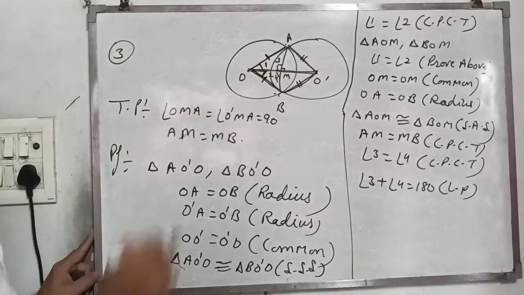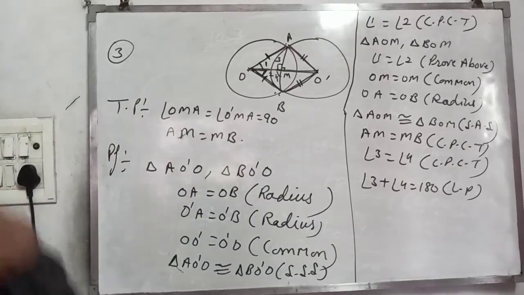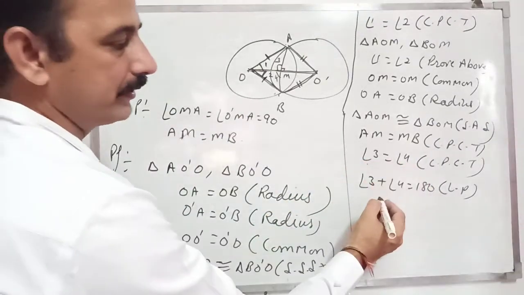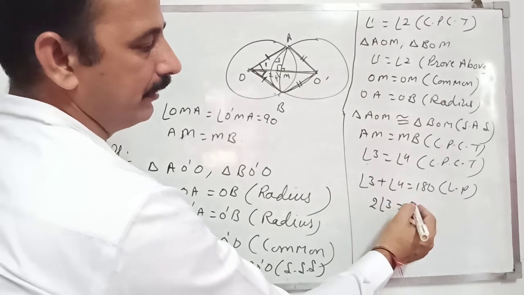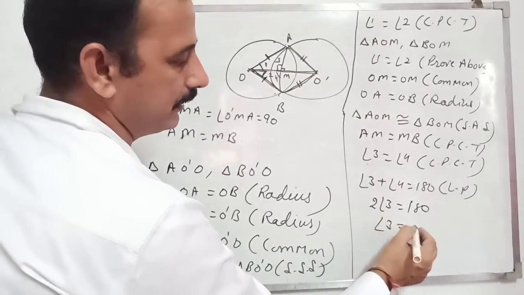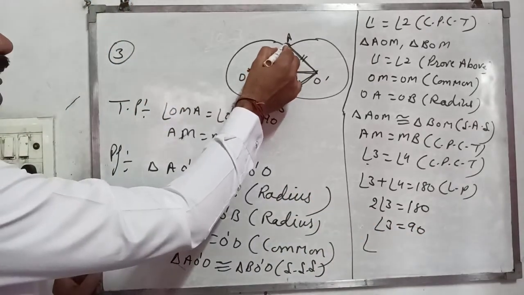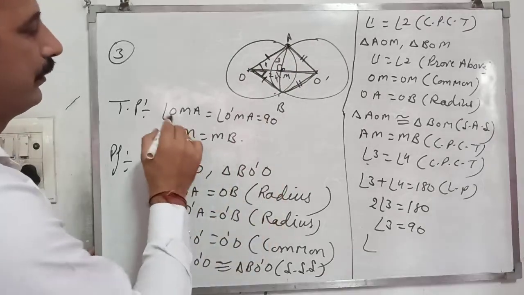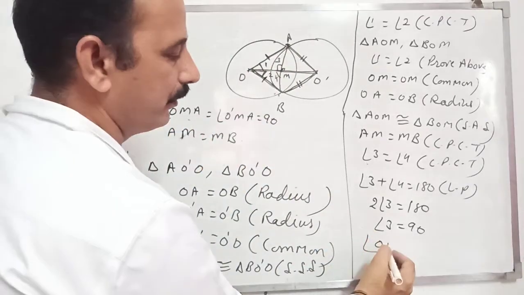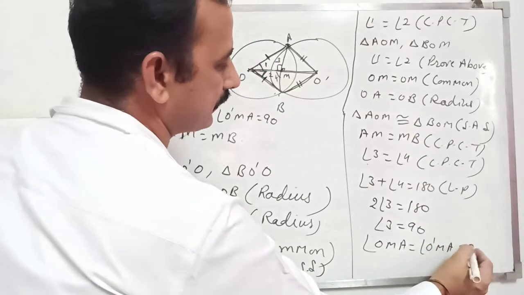Both are equal, so 2 times angle 3 equals 180, so angle 3 is 90. It means angle OMA equals angle O dash MA, that is 90 degrees.